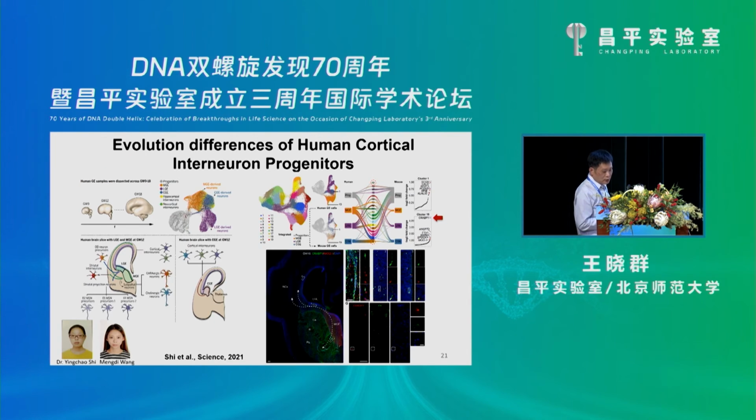Meanwhile, the cortical interneurons are generated from the ventral part, which we call MGE or LGE, representing the ganglionic eminence, the medial and lateral ganglionic eminence. We look at the whole-brain interneuron origin, particularly focusing on the MGE and LGE potential.